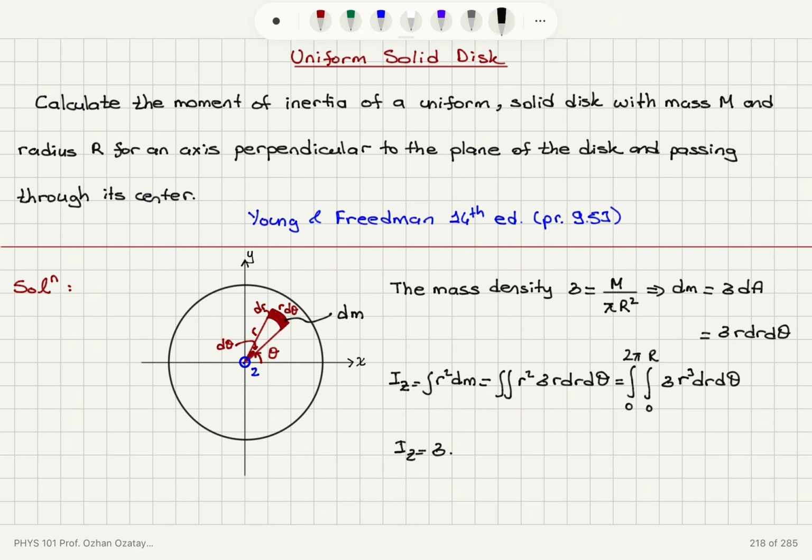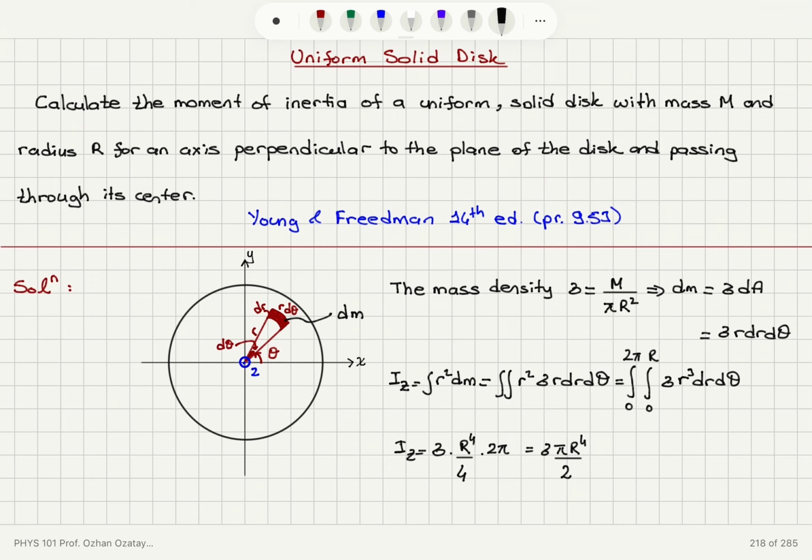So we will find that this is sigma times, if we perform the r integration, it will be r to the 4 over 4 evaluated between capital R and 0, and the theta integration, because there is no theta anywhere else, will give us just delta theta, which is 2 pi. So this will be sigma times pi r to the 4 divided by 2.